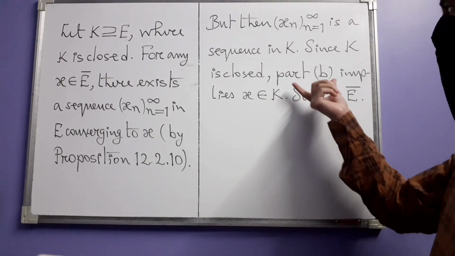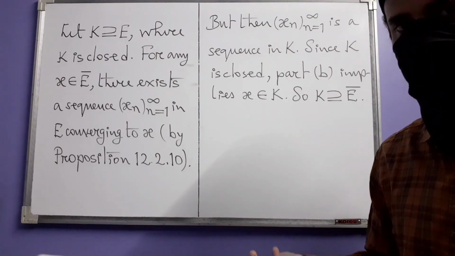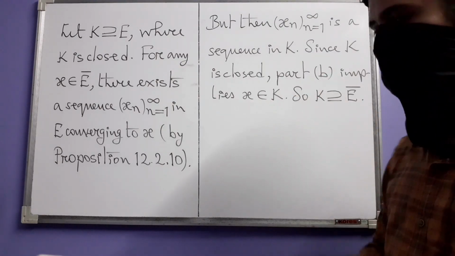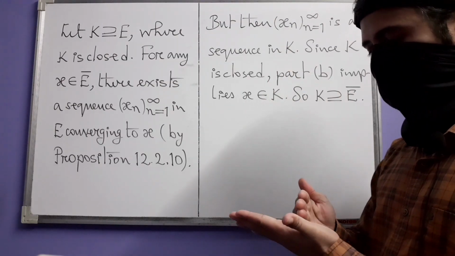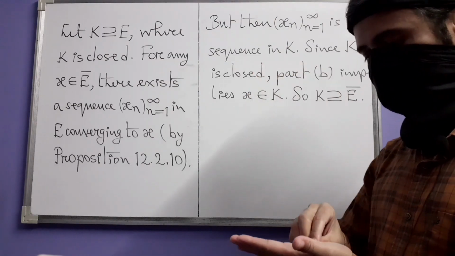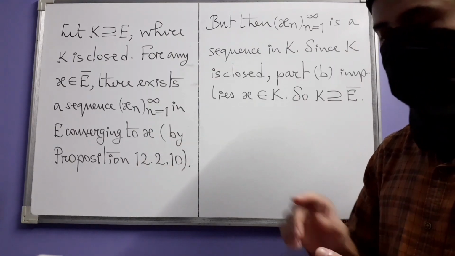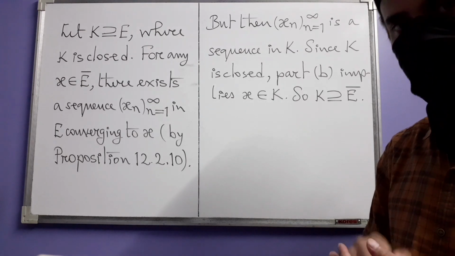So that is why if you go back to part B of this proposition or theorem, whatever it is that we are proving, that would imply that x belongs to K. What that part says is this: if you have a sequence of points in a closed set which is converging to some point, then that limit has to belong to that closed set.